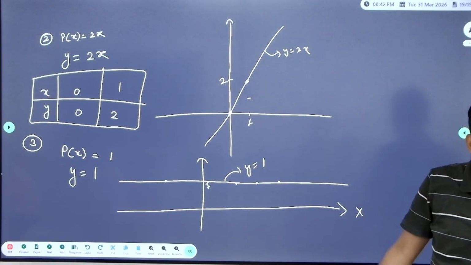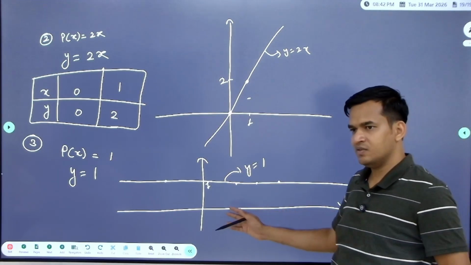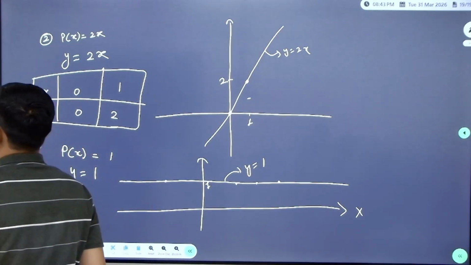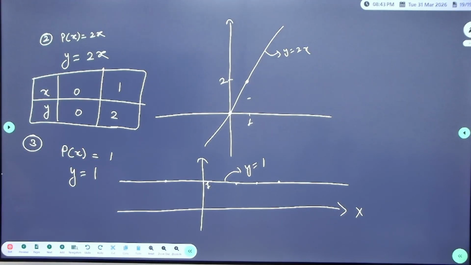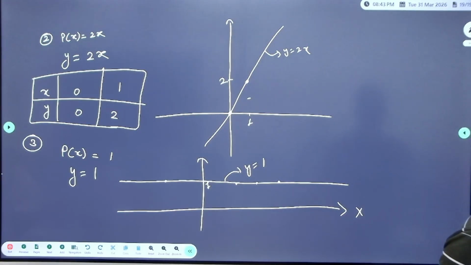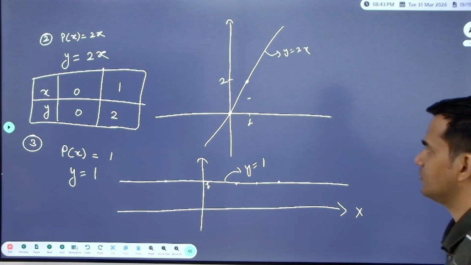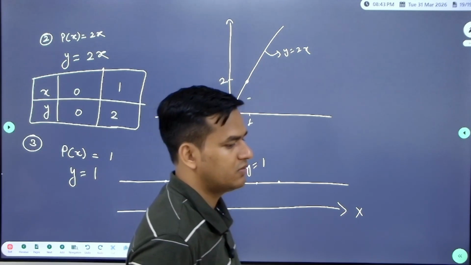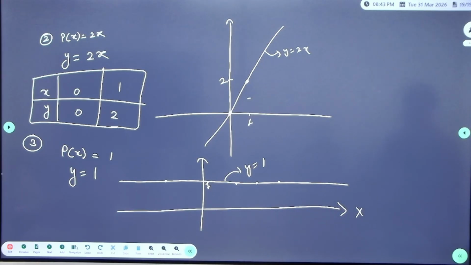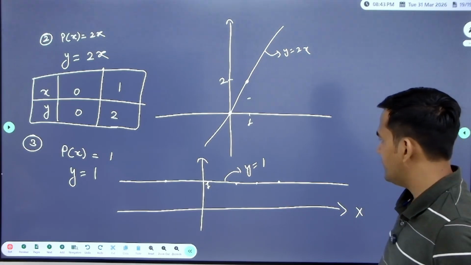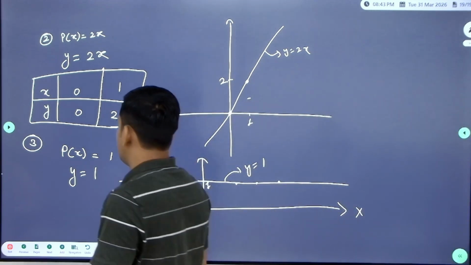Does this graph have any zero? No. This is not intersecting x axis, so this does not have any zero. Okay?